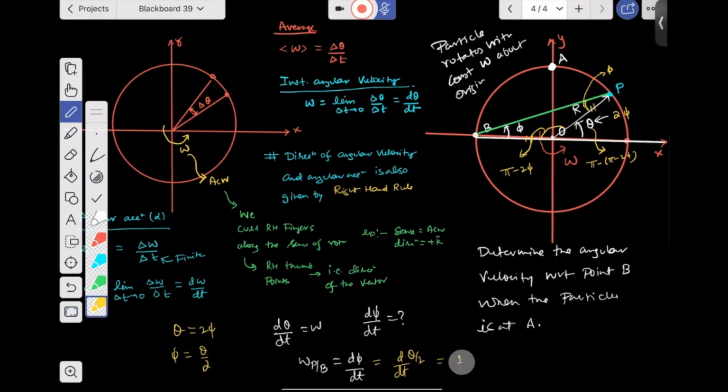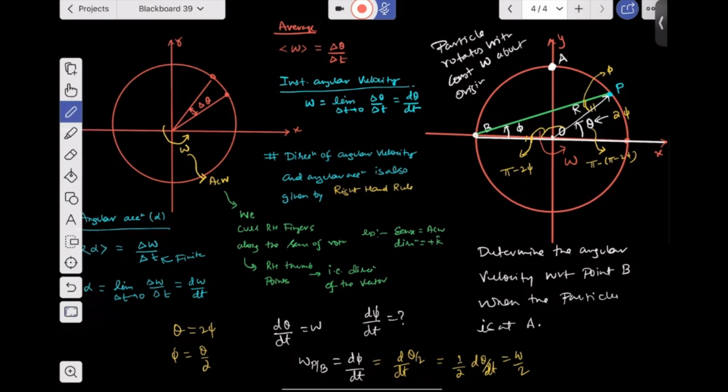Half comes out since it is a constant. D theta by dt is omega, so it is omega by 2. That is even true when the particle is at point A, and also when the particle is at any central point P. We can solve it another way also, but right now this is the way you can solve it. All of you understood this or not?